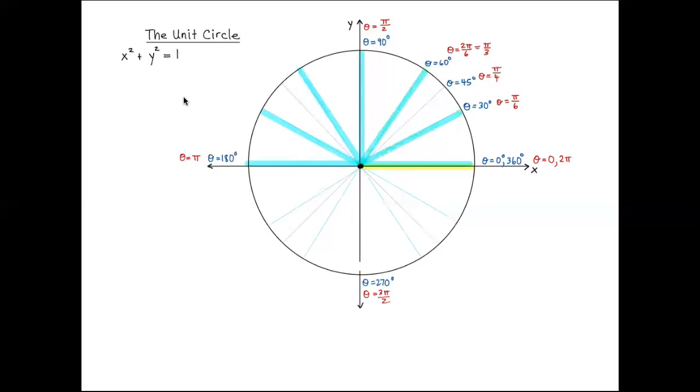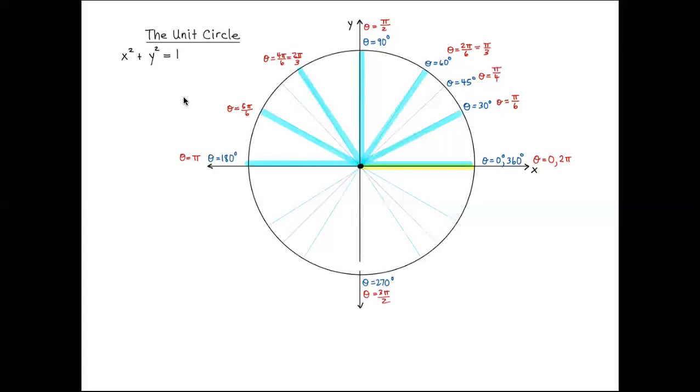Now this angle here would be 3 pi over 6, which is the same thing as pi over 2, so we already have that one. This one would be 4 pi's over 6, which most people would simplify to 2 pi over 3. This one would be 5 pi's over 6, so I can label that one. That one doesn't simplify anymore.